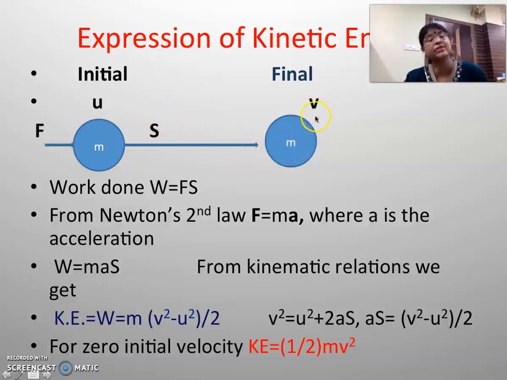This is the final velocity. So work done, by definition, W is equal to F into s. Using this relation and the kinematic relations, we can obtain half m (v square minus u square), or if the body starts from rest, its kinetic energy expression will be half m v square, where m is the mass of the body and v is the velocity.